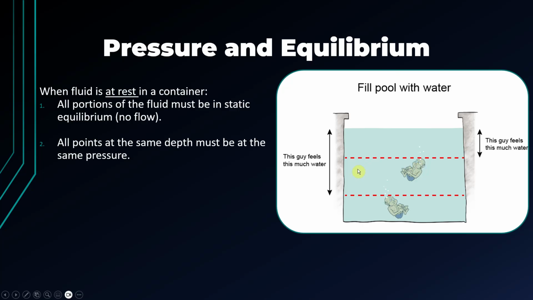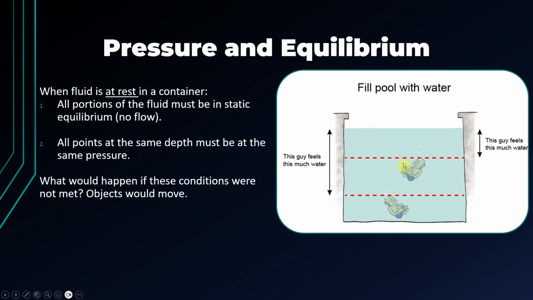If he was over here, he would feel the same pressure as if he was right here, as if he was right here. Now, when he sinks down to the bottom, the pressure that he feels changes because of the amount of water that is on top of him. But if he moves just translating back and forth on the x plane, he will feel the same amount of pressure as long as his depth remains the same.